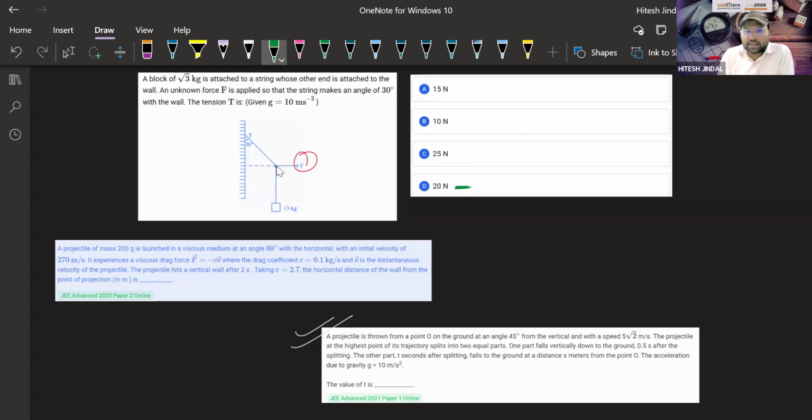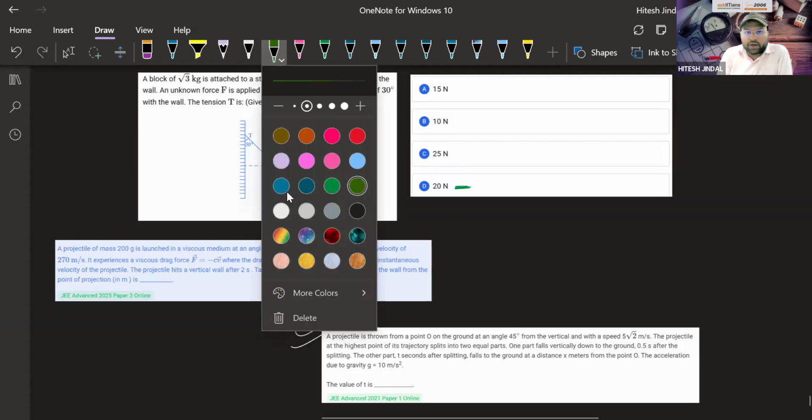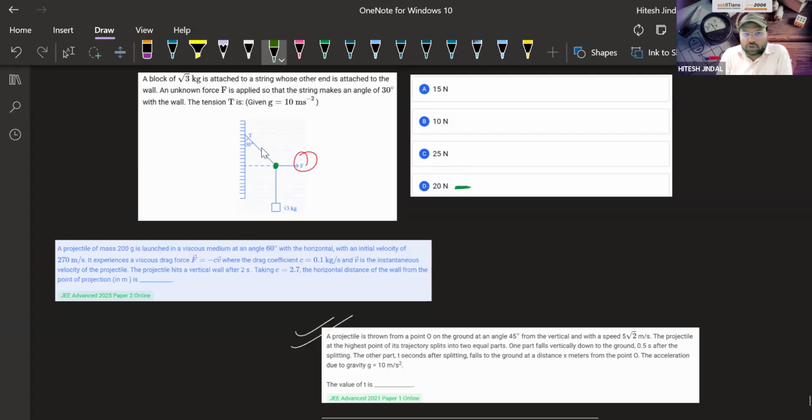So you see this thing, this knot or this point of the string. This is a string, right? This one string. So this point of the string, as this block is at rest now, this point of the string is also at rest, right? And at this point, what is the force due to the string?